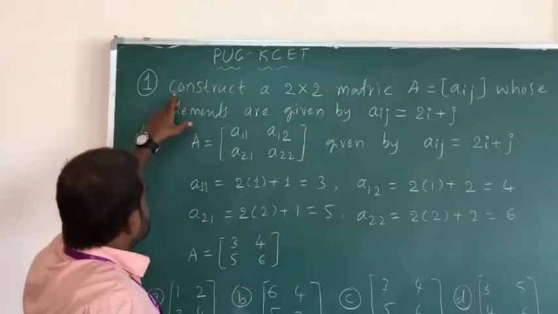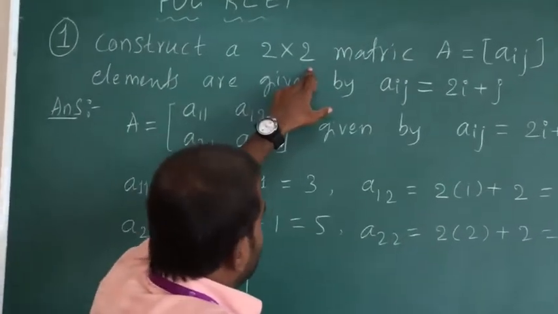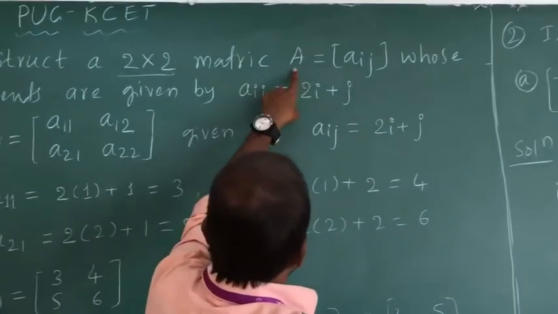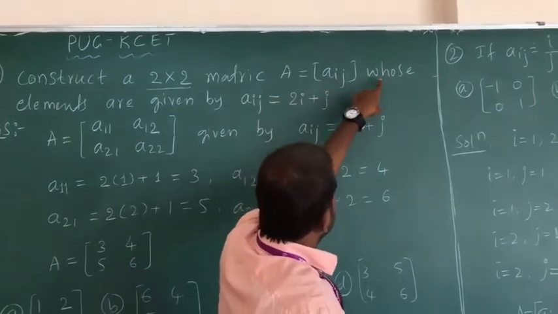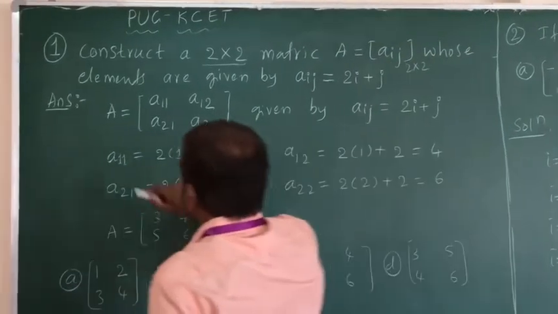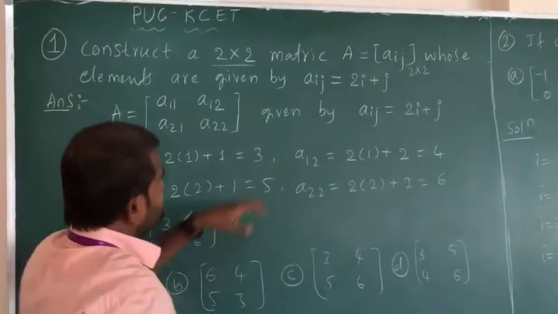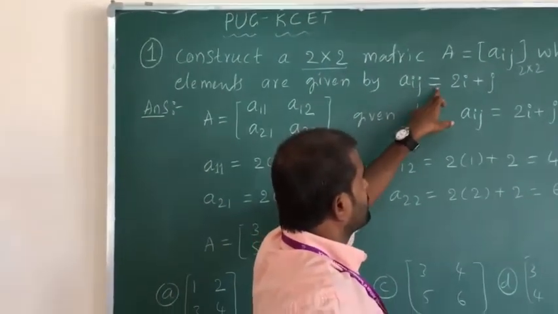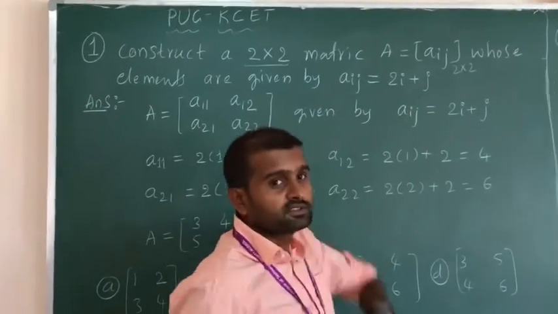Here, construct a 2 cross 2 matrix, A equal to Aij, whose elements are given by Aij equal to 2i plus j.